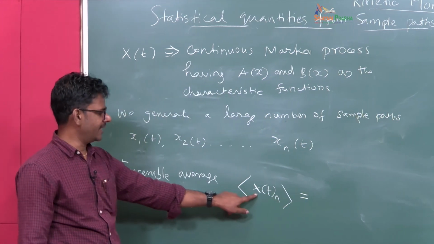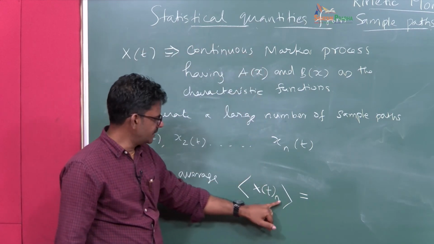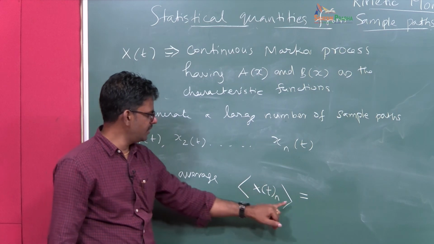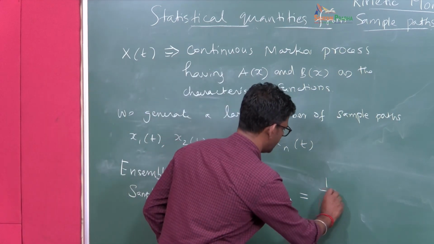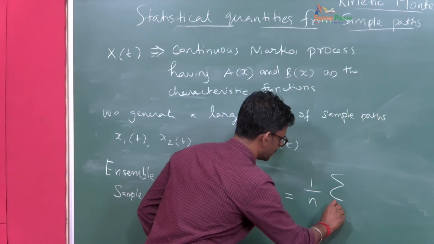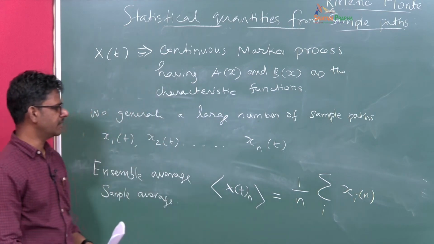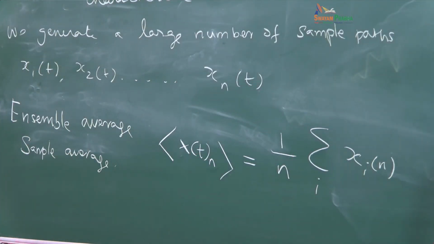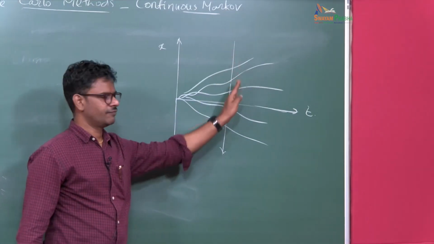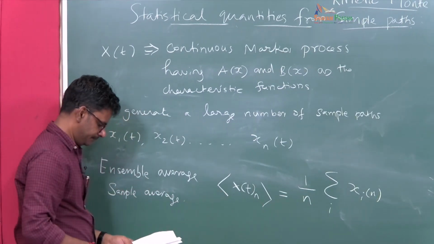So this capital X of t is the Markov process that I am interested in, and this suffix n here means that this is a mean quantity over n number of sample paths, that can be simply written as 1 by n times the sum. Okay. So you can find, based on these n number of realizations at a given time, an average quantity for x. So that would be this.